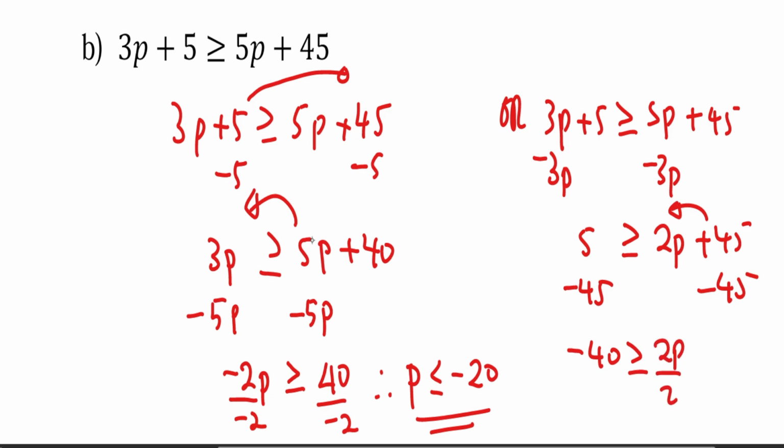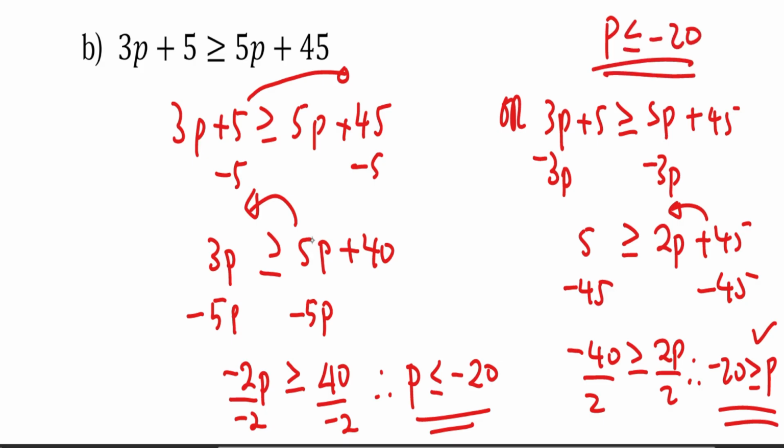Then divide by 2, which gives you negative 20 greater than or equal to p, which is just the same as writing p is less than or equal to negative 20. It's just the same thing. So that's something you need to know.